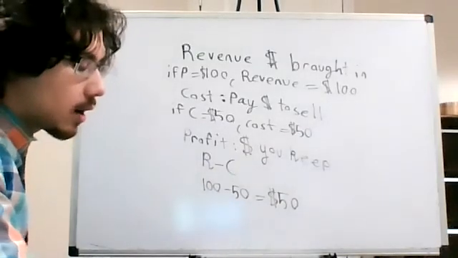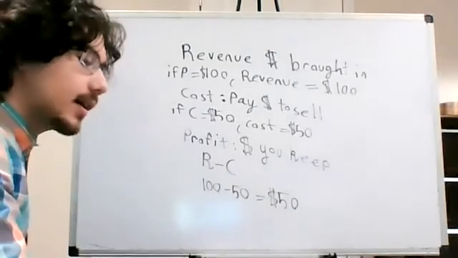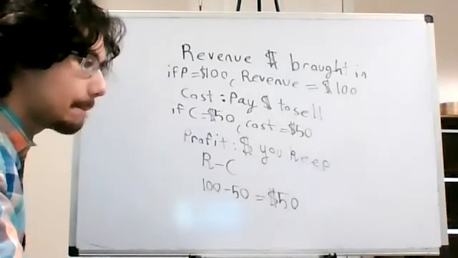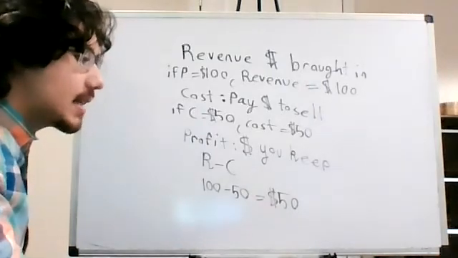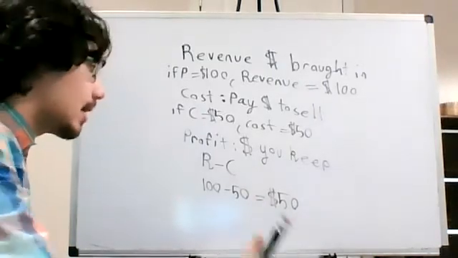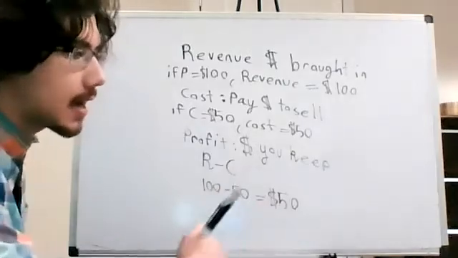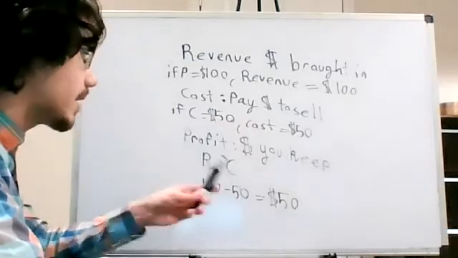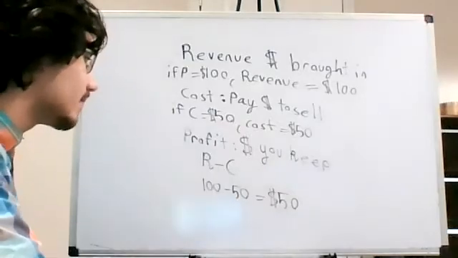So if I work for a living, let's say I make $10,000 a year. If I make $10,000 a year from my job, that is my revenue, unless I have money coming in from other places. But most people get the revenue exclusively from their job.